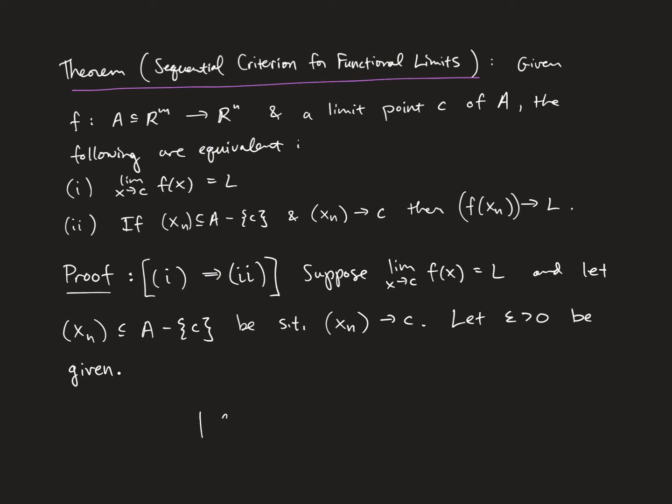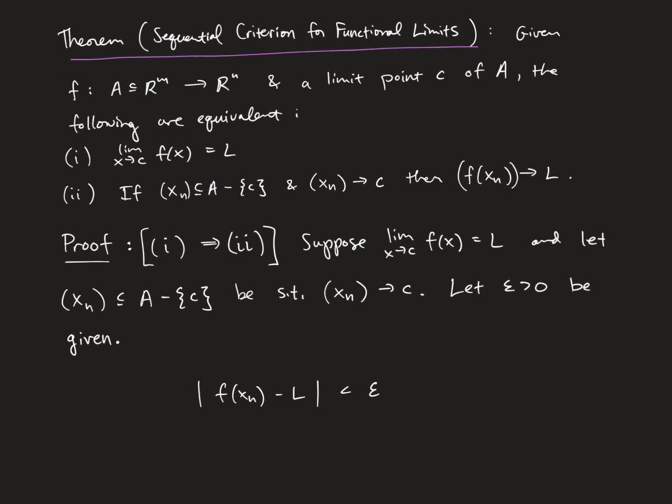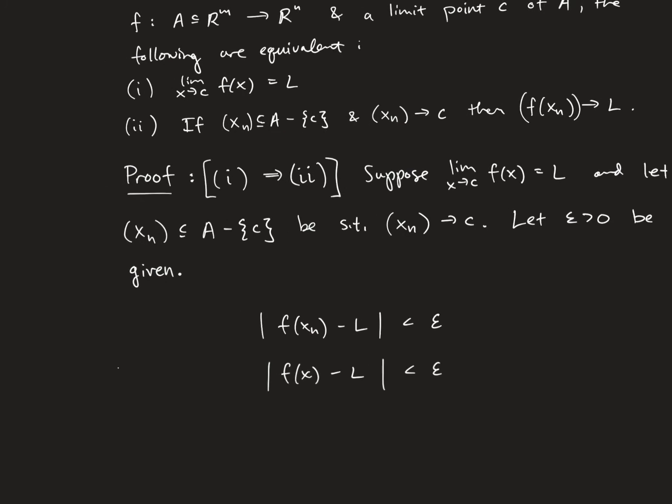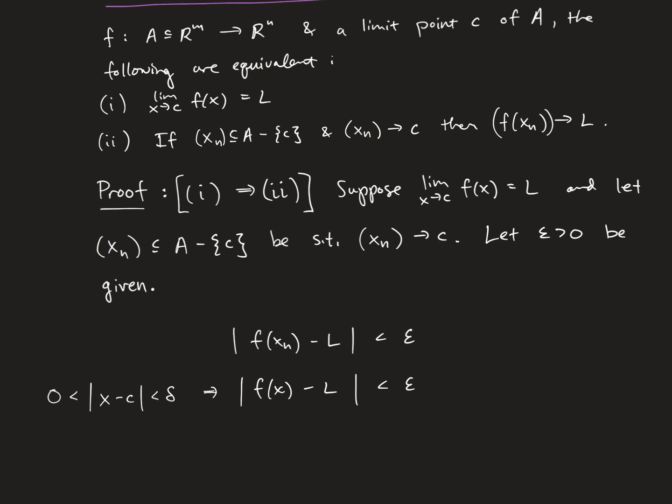What we need to do is show that f of xn is within epsilon of L. But what we know is that the limit is equal to L. So we know that we can make f of x minus L less than epsilon: there's going to be some delta so that when x minus c is less than delta, f of x minus L less than epsilon will follow.